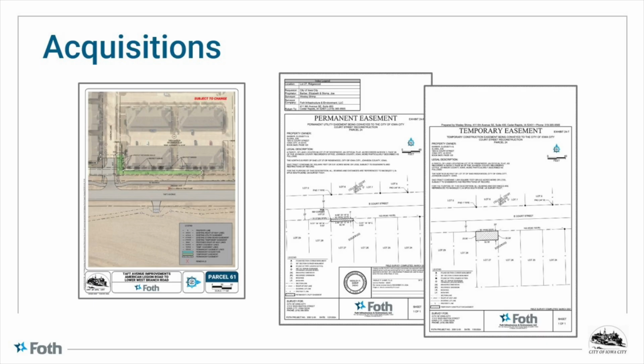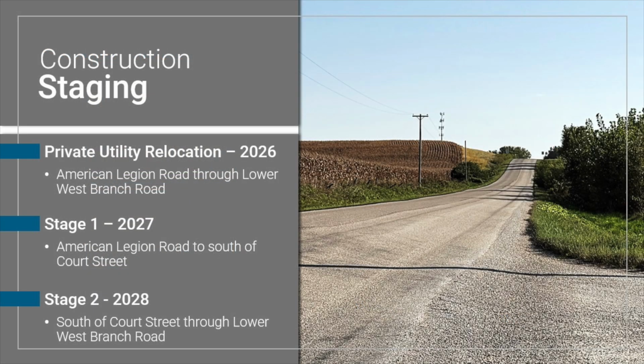All right. So we'll wrap up here just talking a little bit about the staging. As John mentioned, the private utility relocations will be here this coming calendar year in 2026. We don't know the schedule of that right now.